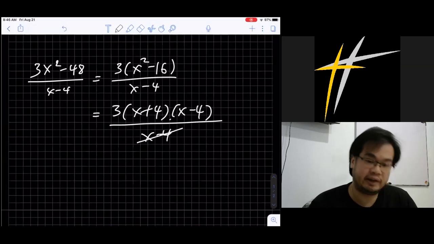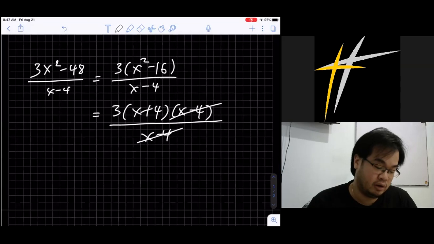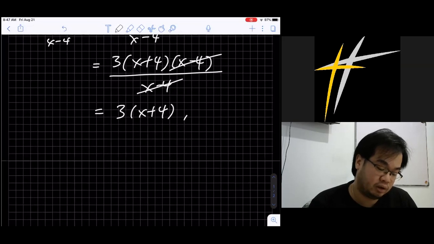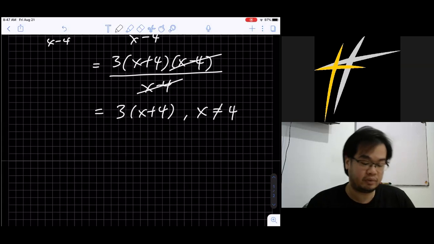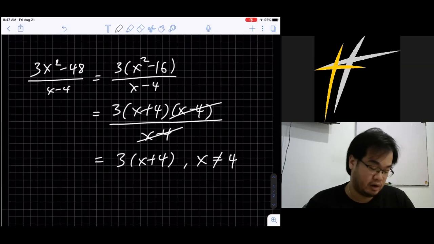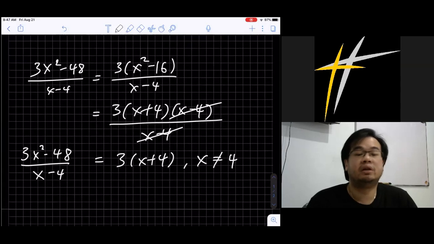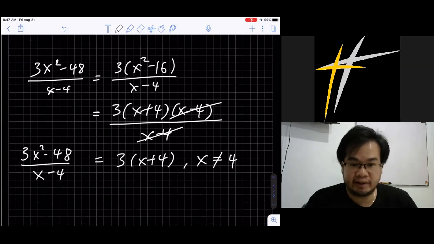Then I cancel the x minus 4, so it's equal to 3(x plus 4). But we also have to add that x cannot be equal to 4. So (3x squared minus 48) over (x minus 4) is equivalent to 3(x plus 4) under the condition that x cannot be 4.